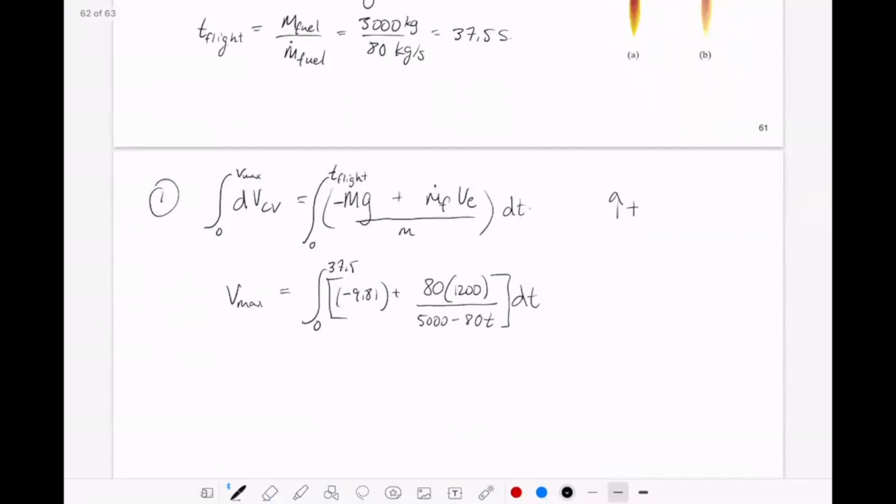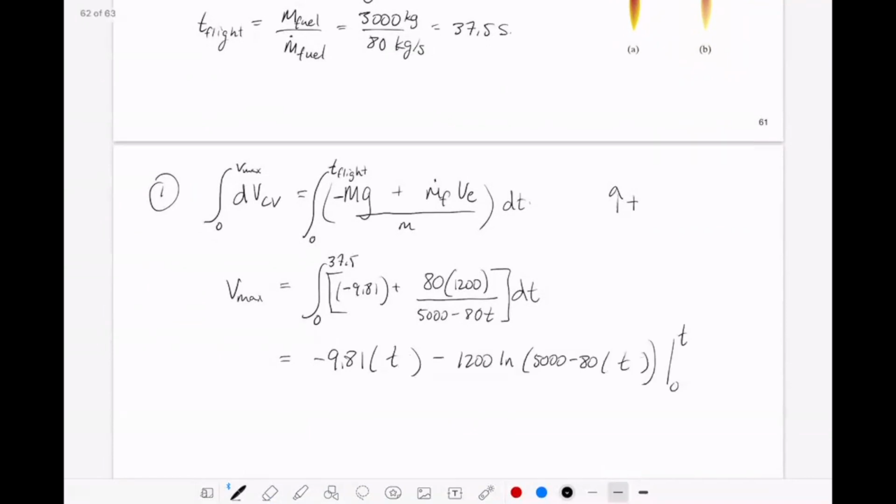So if we integrate this, we're left with negative 9.81 t minus 1200 times ln of 5,000 minus 80 times t.